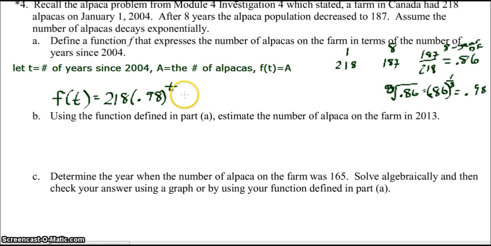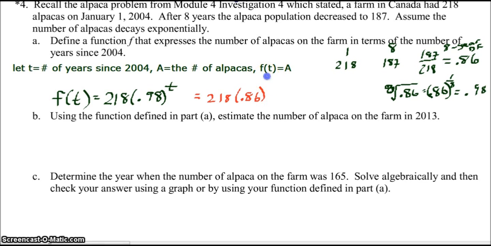I noticed that the answer key had this function that is equivalent: 218. They used the 8-year decay factor.